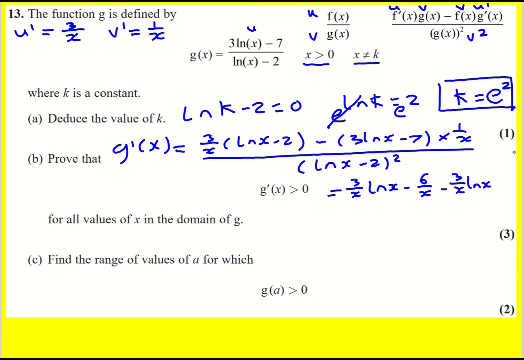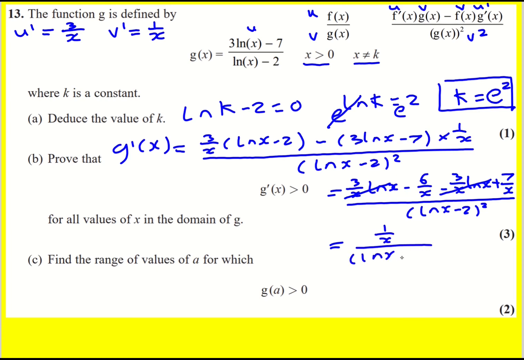Then I'll get a plus 7 times 1 over x, so plus 7 over x, all over ln x minus 2 squared. These terms are just going to cancel out. I'll then be left with 1 over x, all over ln x minus 2 all squared. To tidy it up a little bit, we can times top and bottom by x, basically bring that x down.